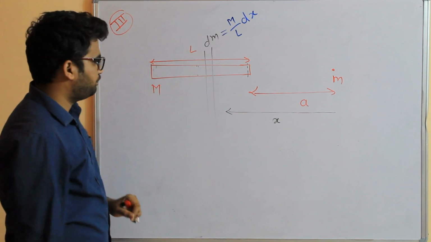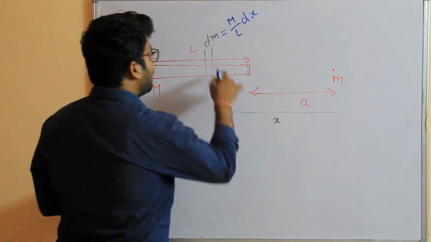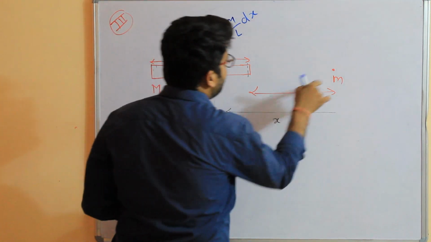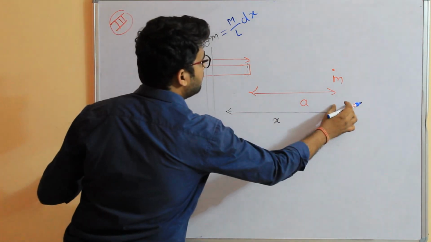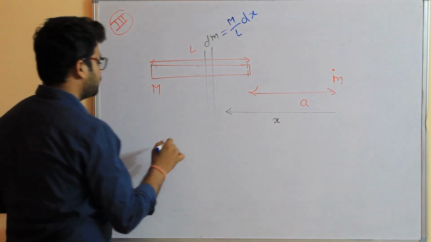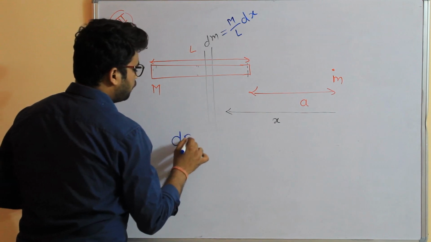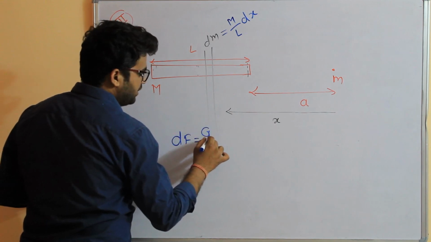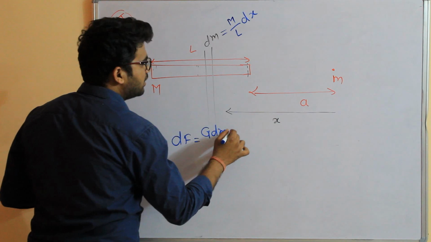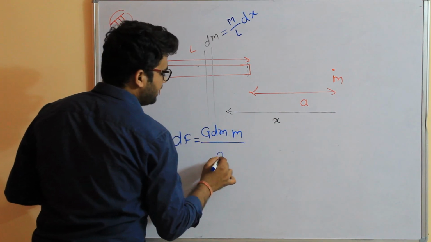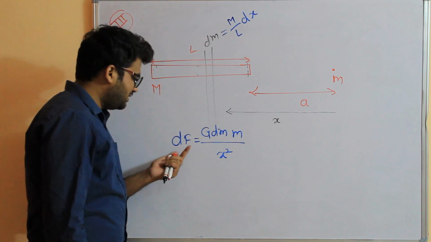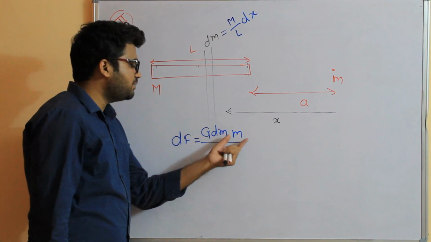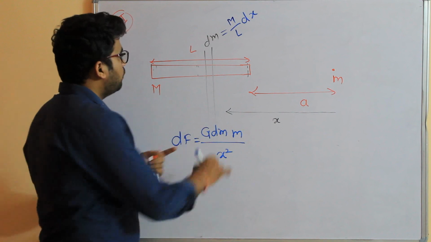Now see, due to this small dm element on this m, what is the force of attraction? The distance between this dm and this m is x. So we can write the small force dF as G dm into m divided by x square, isn't it? Now what is dm?